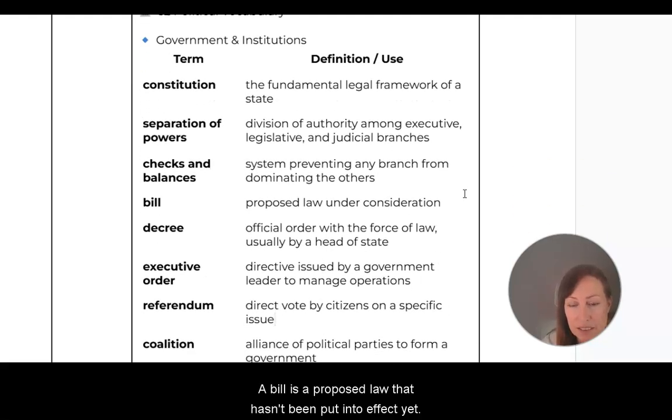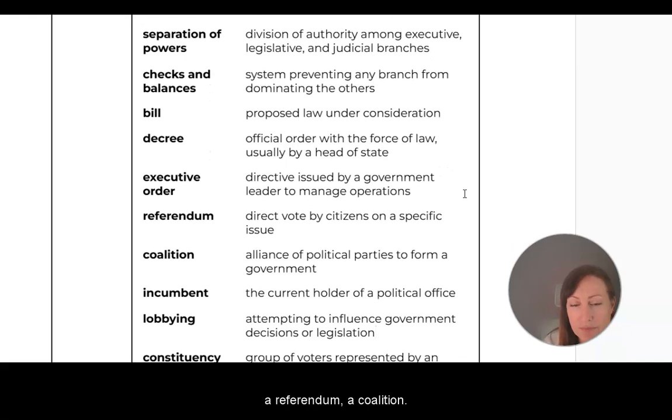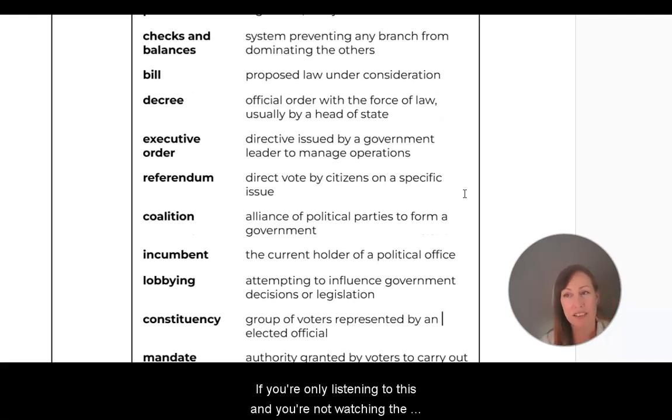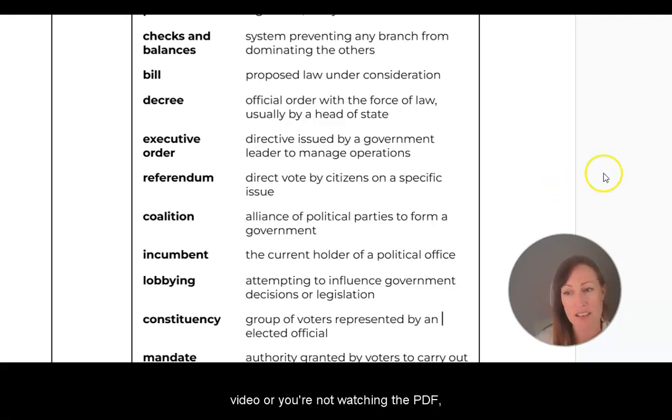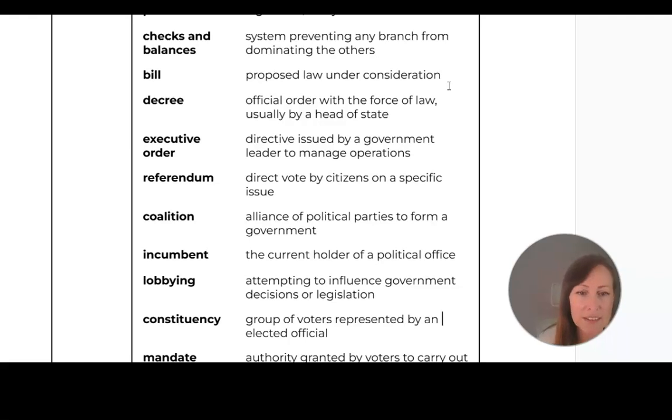A bill is a proposed law that hasn't been put into effect yet. A decree, an executive order, a referendum, a coalition. If you're only listening to this and you're not watching the video or the PDF, just come back and check it on page 34 for the meanings, okay?